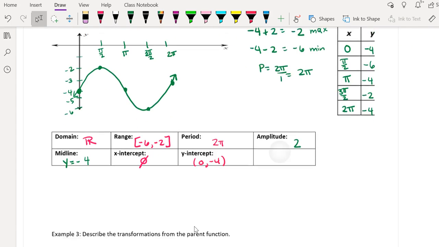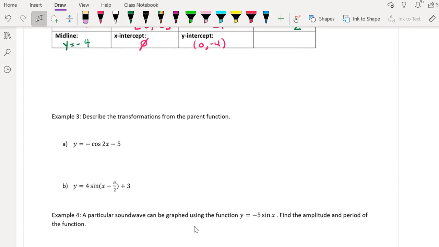Okay? All right. Number 3, describe the transformations. All right, so this negative tells me we have a reflection. Okay? The 2 in front of the X, the period is equal to 2 pi divided by 2, or pi.